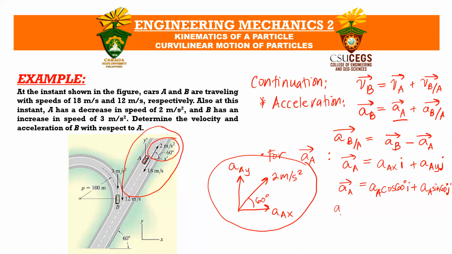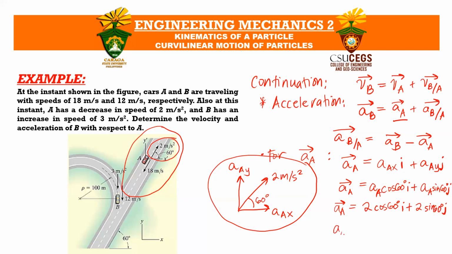And we all know that the magnitude of the acceleration of car A is equal to 2 meters per second squared. So that would be equal to 2 cosine 60 degrees i plus 2 sine 60 degrees j.